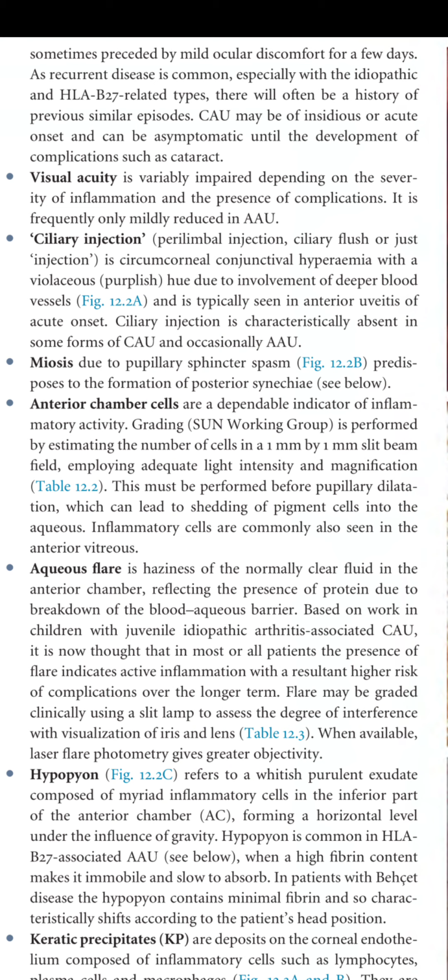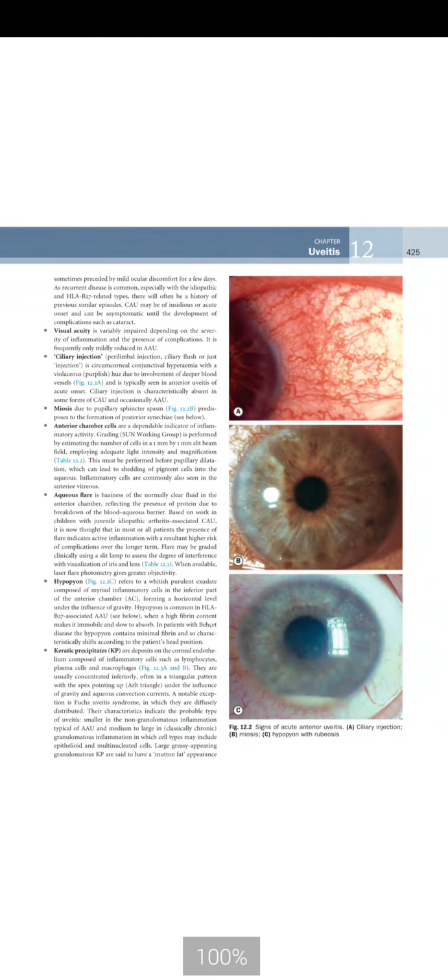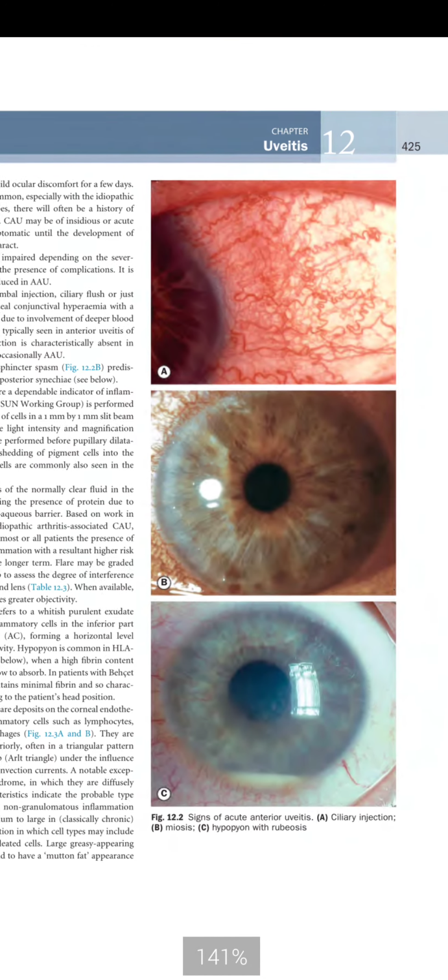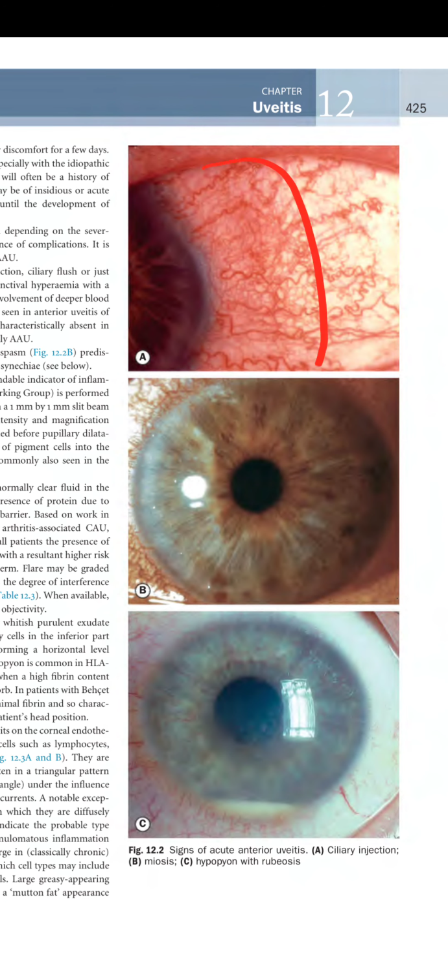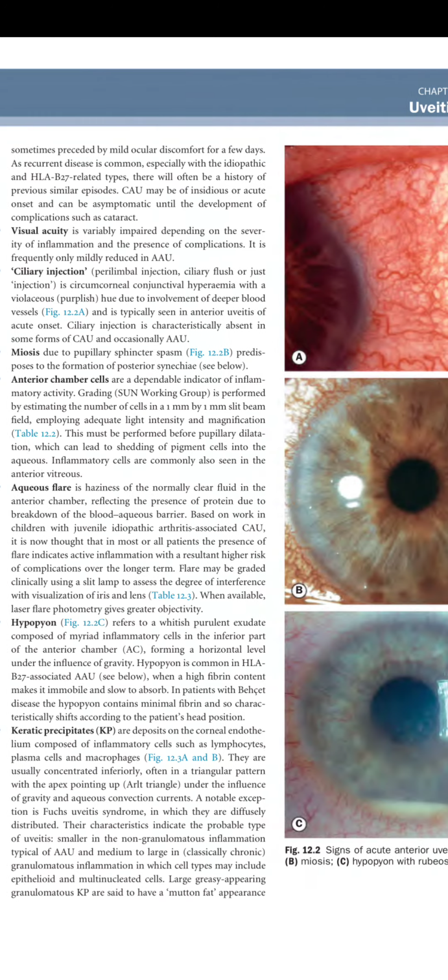Ciliary injection is characteristically absent in some forms of chronic anterior uveitis and occasionally acute anterior uveitis. So we can see figure 12.2A. A is showing us a ciliary injection. There is an inflammation of the conjunctiva around the limbus.